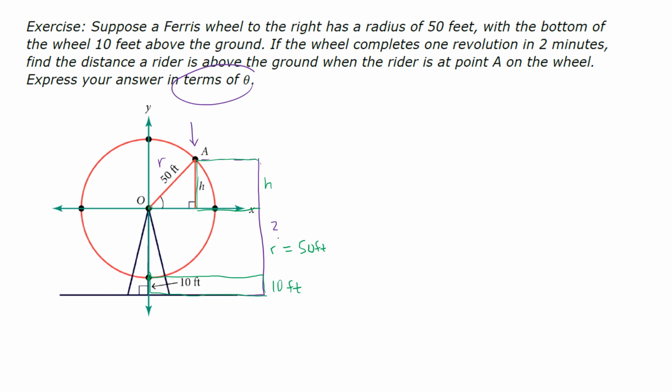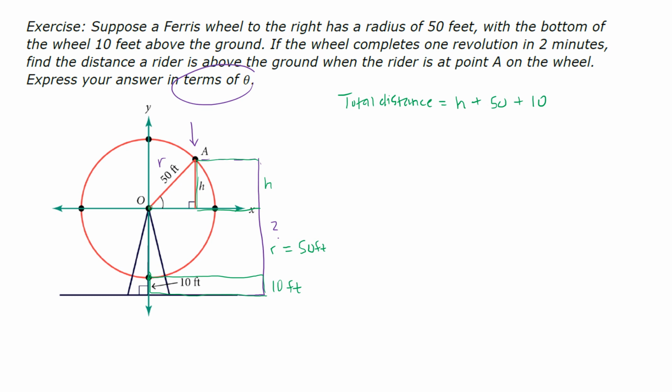Let me write this out, the total distance. It's going to be h plus 50 plus 10. Before I can get all of my values, I need to figure out what h is.